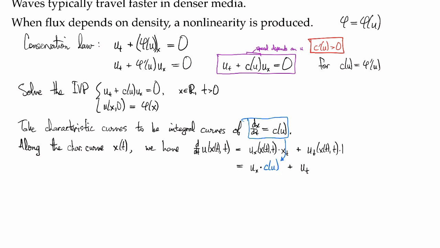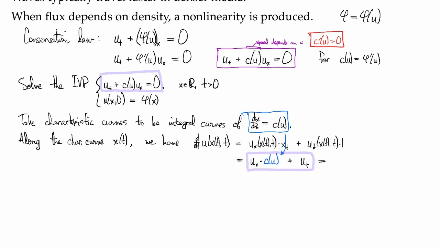And if you look at this last equation that we have, so c(u) times u sub x plus u_t, well, that was apparently our given PDE, so that should be equal to 0. And so from the very beginning to the very end, what we've just shown is that the total derivative of u along the characteristic curve is equal to 0.